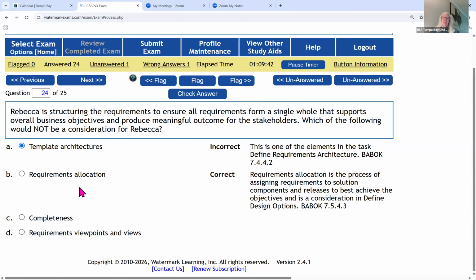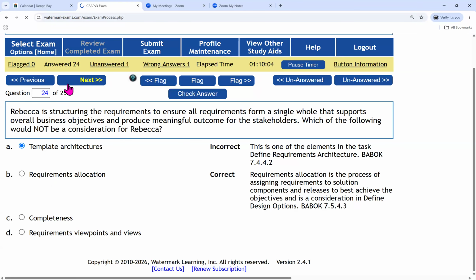Requirements allocation is in the define design options. That's why this one is the best answer. So template architectures, completeness, and requirements, viewpoints, and views are what you need for this particular task. Make sense? Okay.